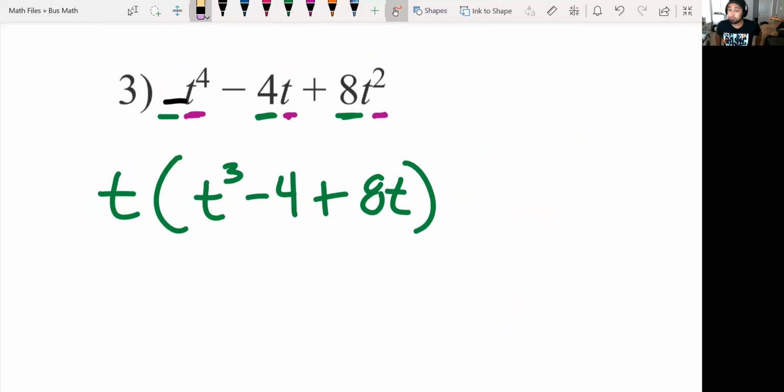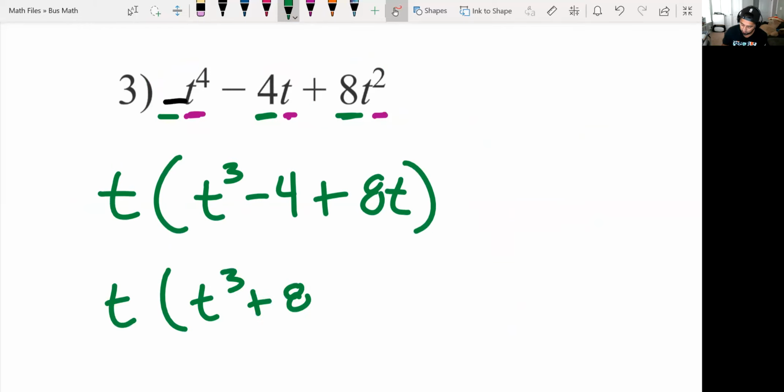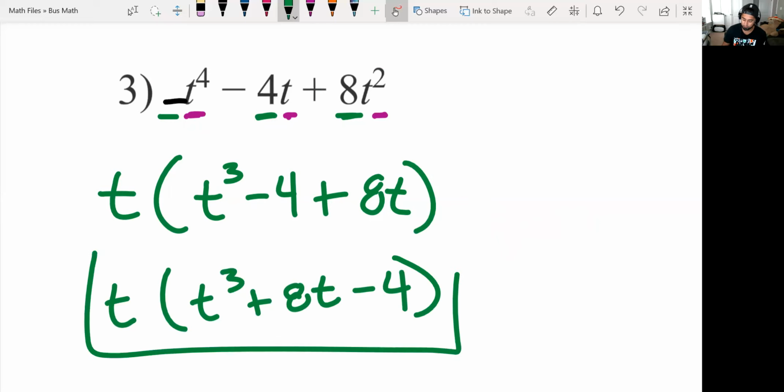We have factored it. We took a t out. And now what I like to do is inside the parentheses, just rearrange it from highest power to lowest power, and that'll finish it up. You get t cubed plus 8t minus 4. All we did here was rearrange. There's nothing else we can do. You can check your work again.